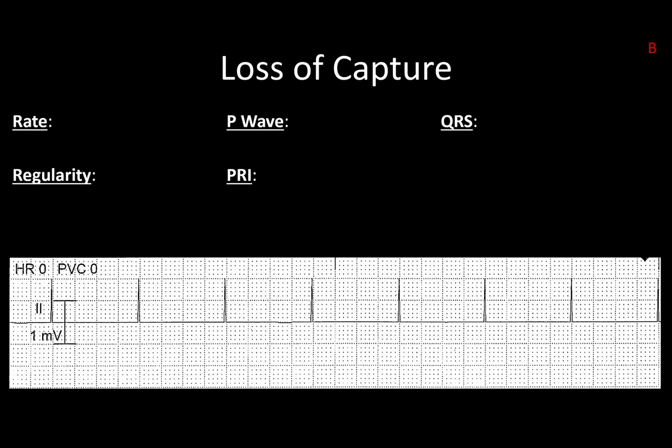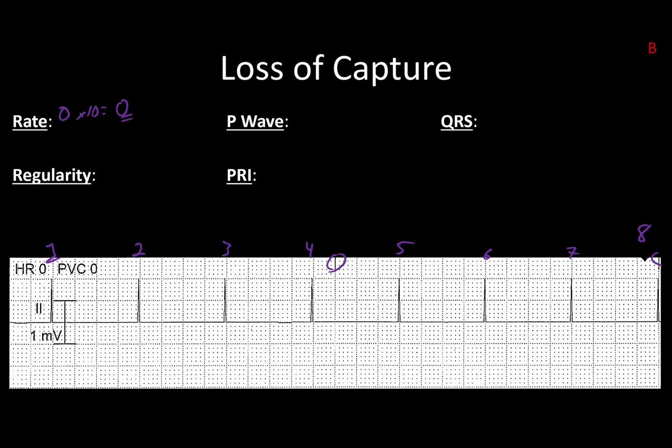Begin by numbering our slide. So, in terms of actual QRSs, we have 0. Gives us a heart rate of 0.